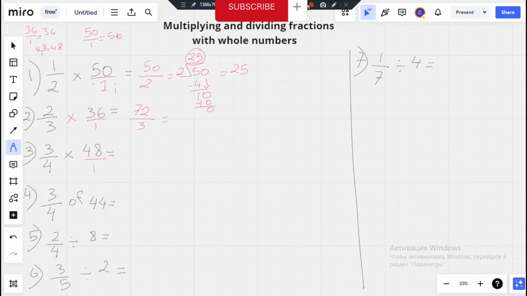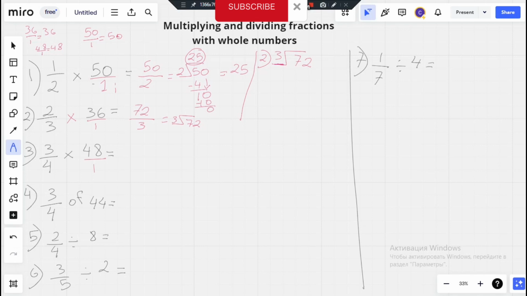Okay, now we have 72 over 3. Let's do it over here so I have a little bit more space for number 2. 72 divided by 3.